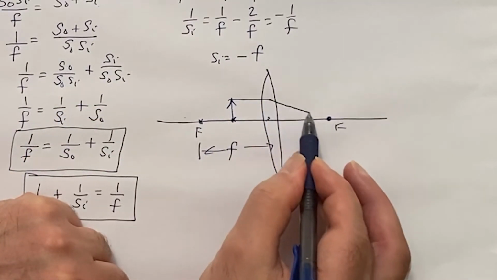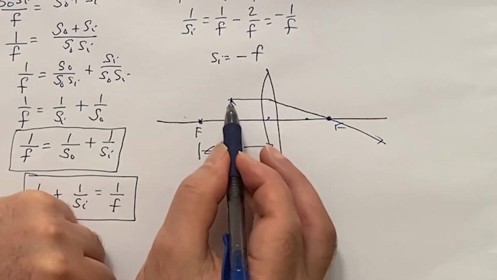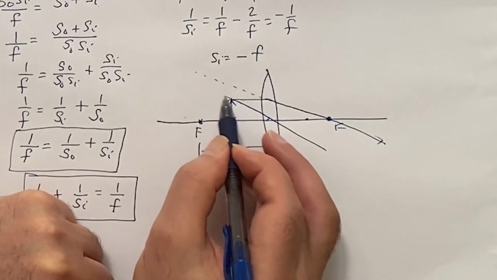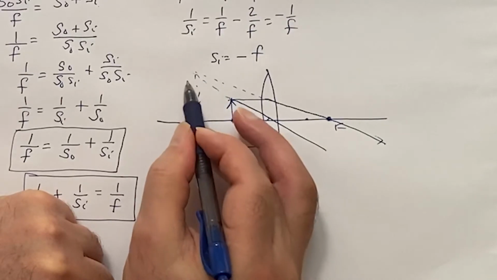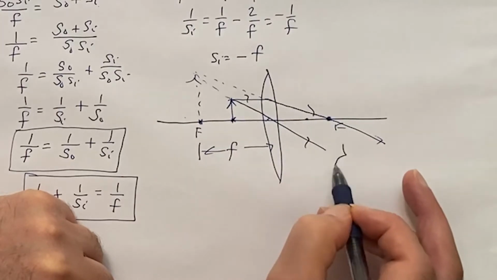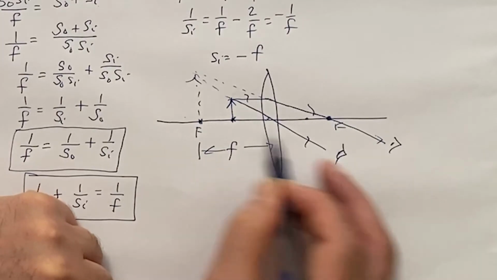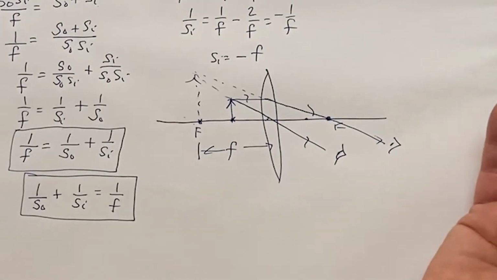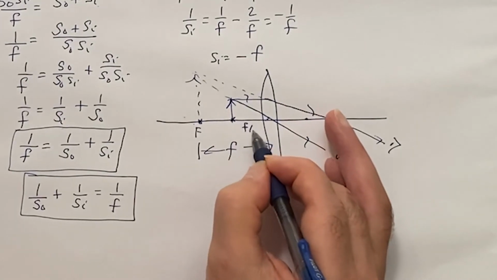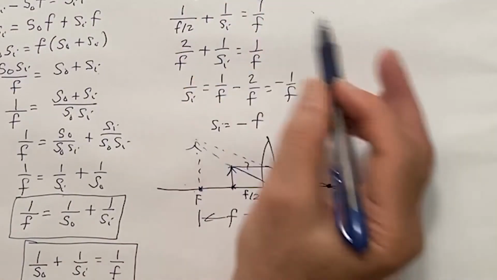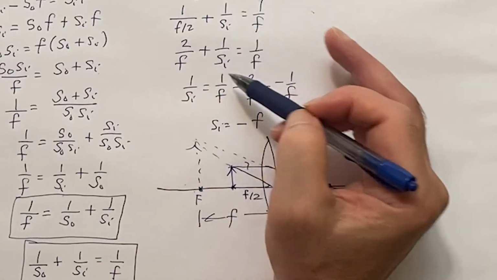So if we go through here like that, and then we go through there, that is wild. Look at that. It's amazing that it's going to be at this point F, like a coincidence. So this is F over 2. Your SO is F over 2, and you're trying to find your SI, just trust the math.